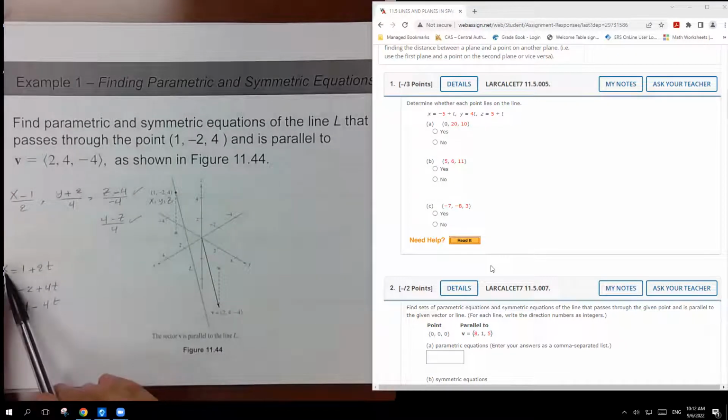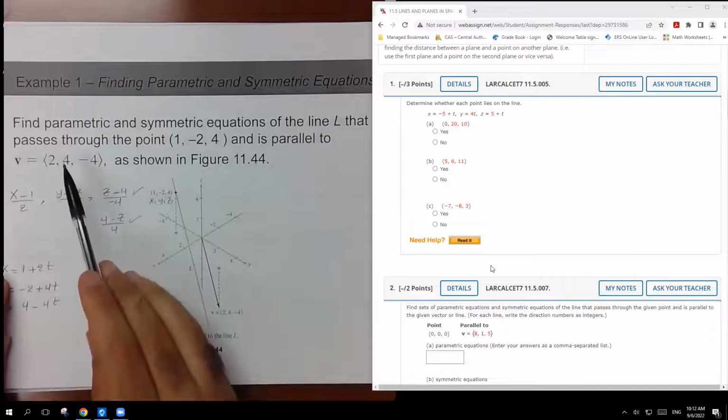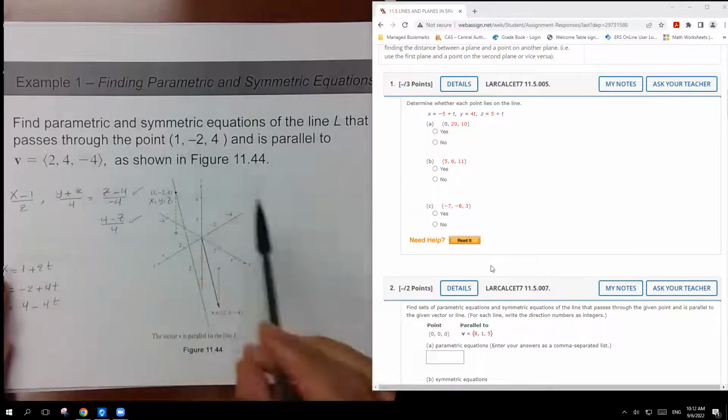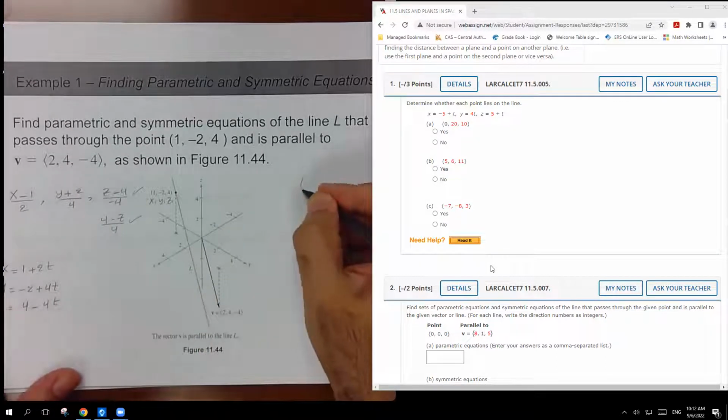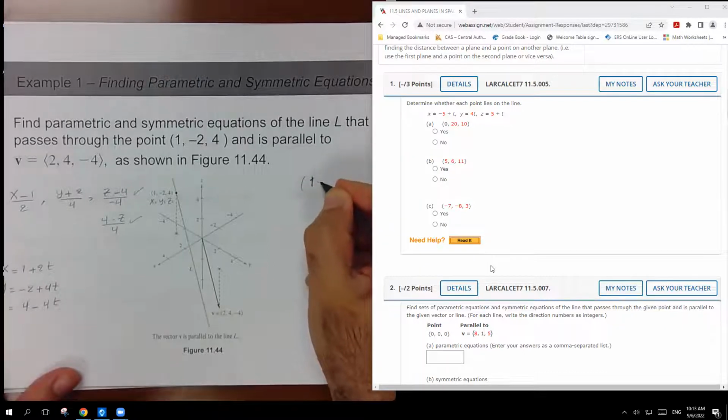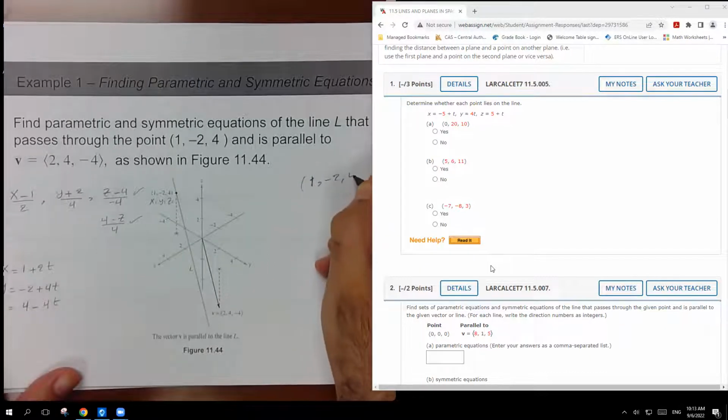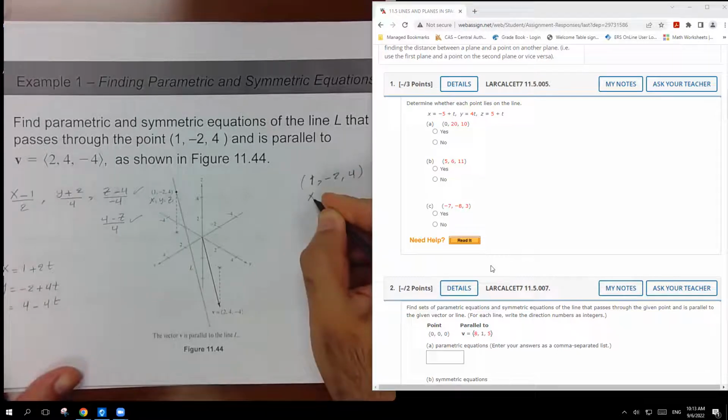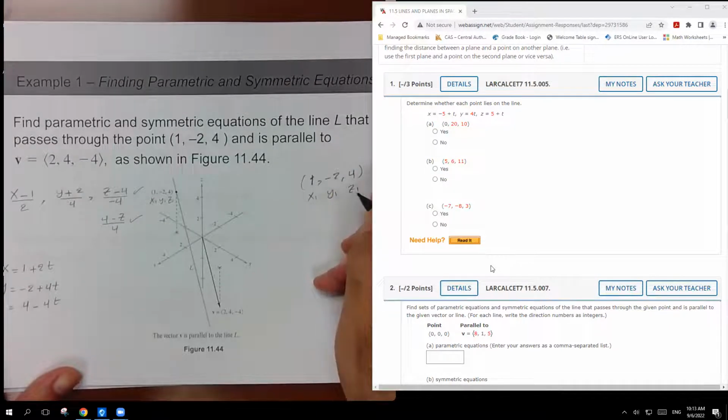So you see, x is going to be x1. Here's the point (1, -2, 4). That means this is x1, y1, and z1.